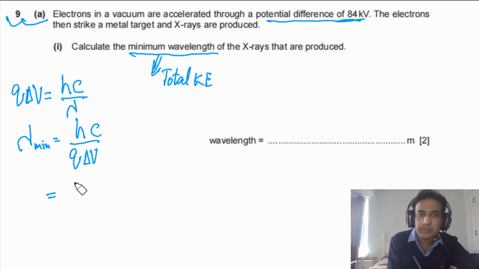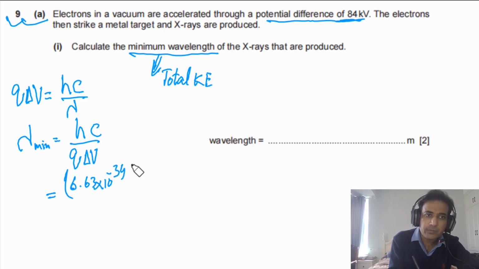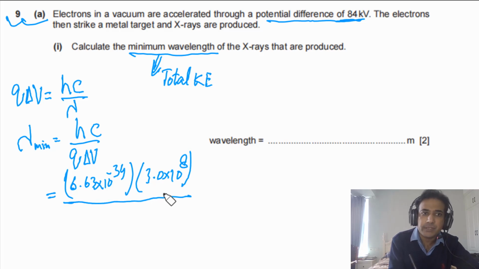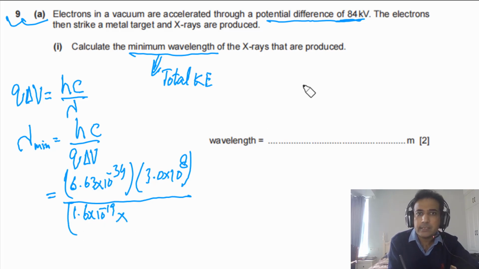The value of h is Planck's constant, that is equal to 6.63 times 10 to the minus 34, and c is a constant, that is equal to 3.0 times 10 to the 8. These two constants are very important for quantum physics. Then Q is the charge on a single electron, 1.6 times 10 to the minus 19 coulombs, and delta V is the potential difference, that is equal to 84 kilovolts.